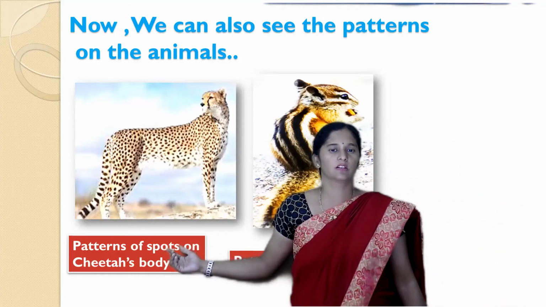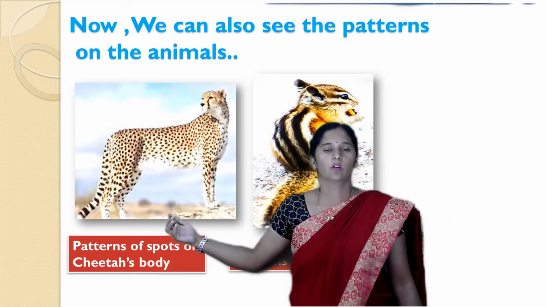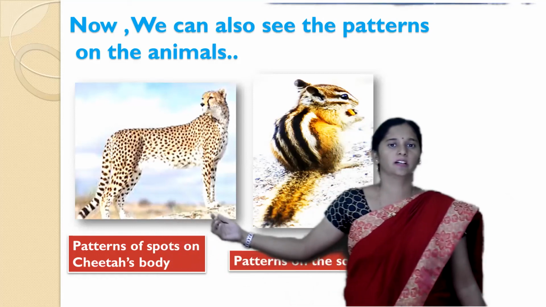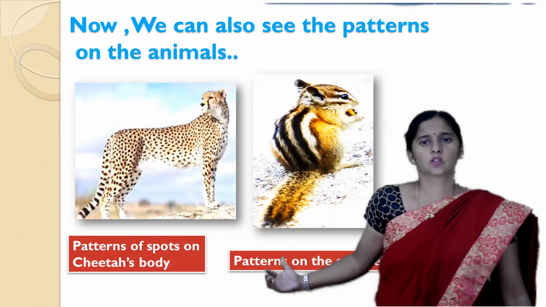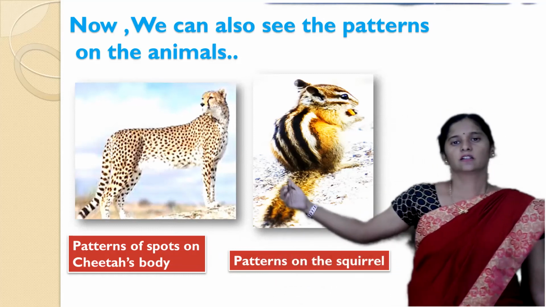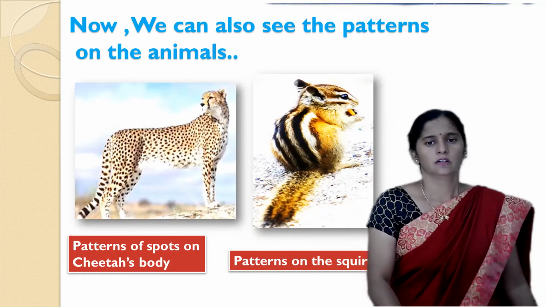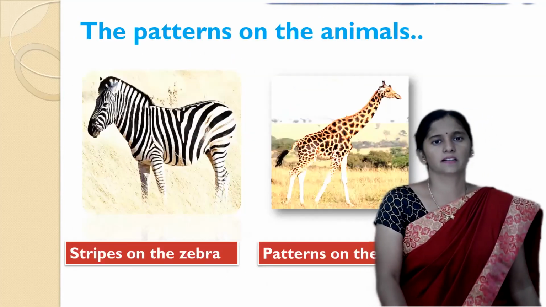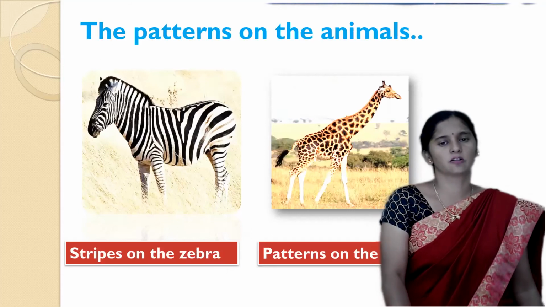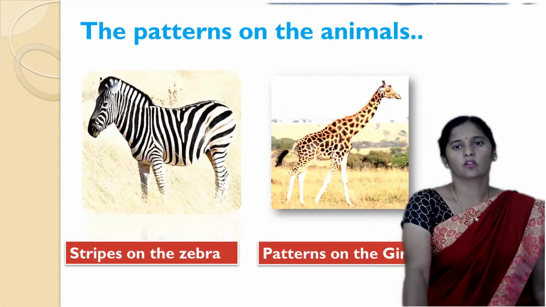The spots on the cheetah's body are also called a pattern, a natural pattern we can see. Patterns on the squirrel. See, the stripes on the squirrel are black and white. Now let us see the patterns again here, the stripes on the zebra. Patterns on the giraffe.